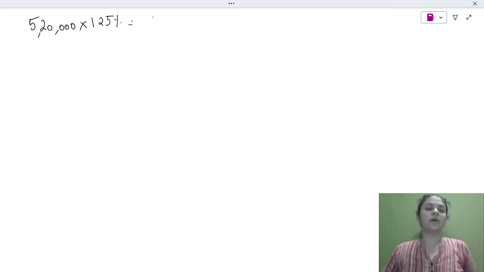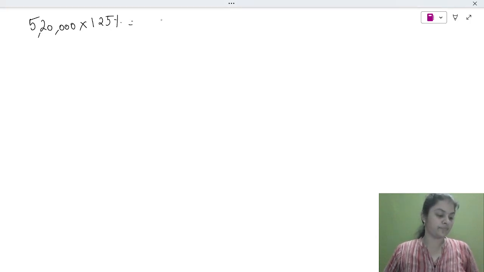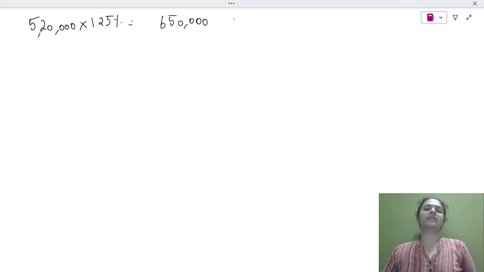What will be the cost that is required to replace this in the future? 5,20,000 plus 25%, you will get 6,50,000. This is the future value required.